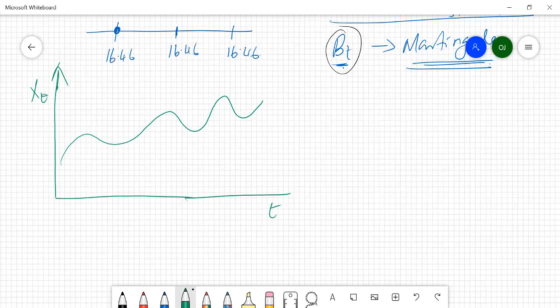Now, assuming you have this kind of function, this is f of t, it's a function of t. If you want to find the value of the function at this point, what always happens? You can find the gradient of the curve at that point by drawing a tangent, and then finding the gradient of that tangent at that particular point.